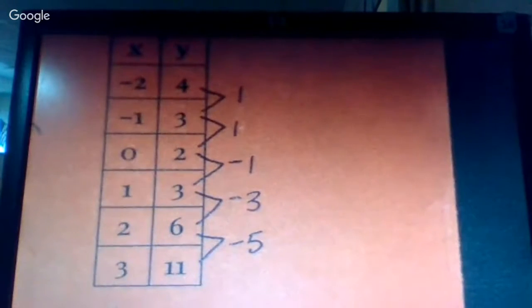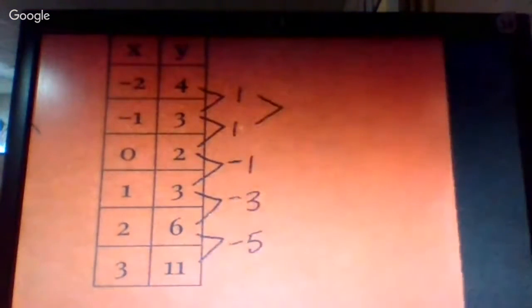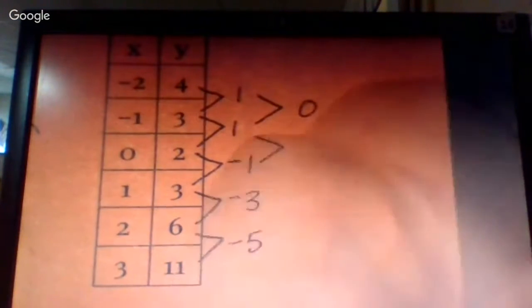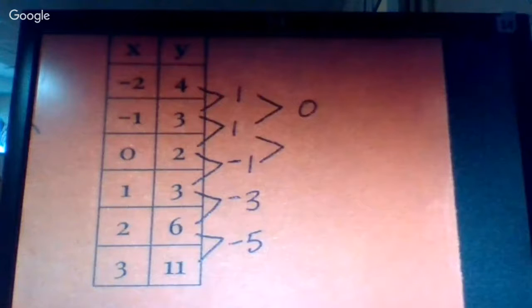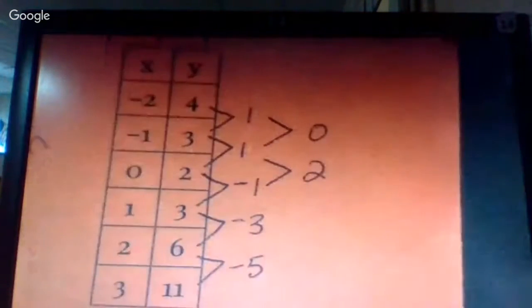Okay, so is this linear? No. No, these aren't the same. So, hold on. Let's see if it's quadratic. If it's quadratic, we're going to do this again. What's 1 minus 1? 0. What's 1 minus negative 1? It's positive 2. Remember.